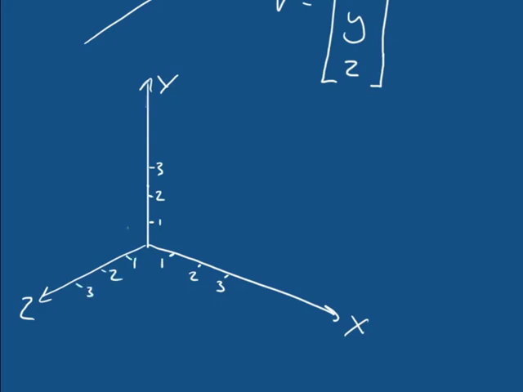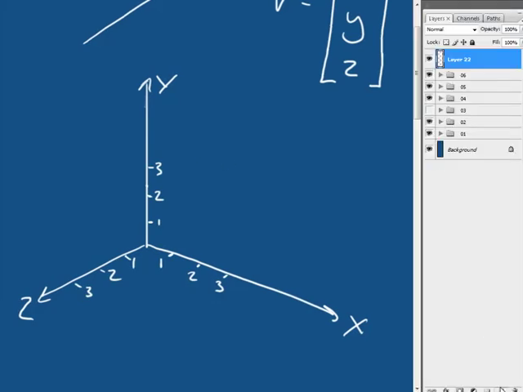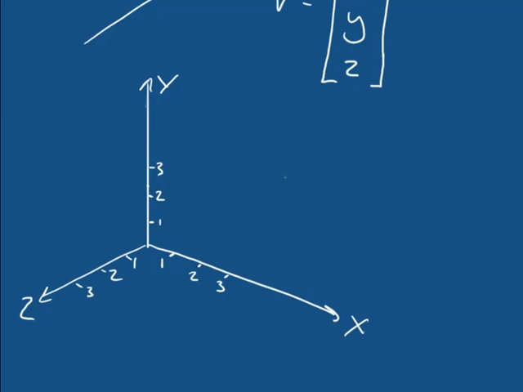Now obviously I'm dealing with a two-dimensional whiteboard, so it's going to be a little hard to see this, but if we had a vector and that vector v was equal to, I don't know, 2, 1, and 3.